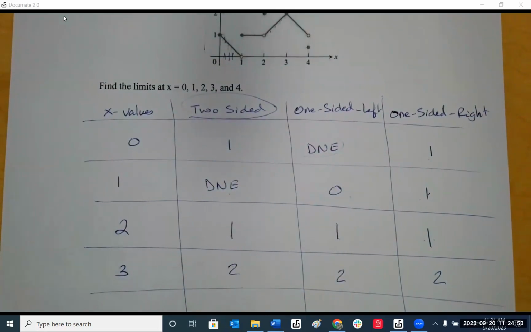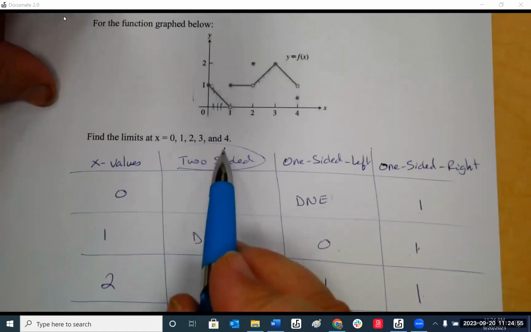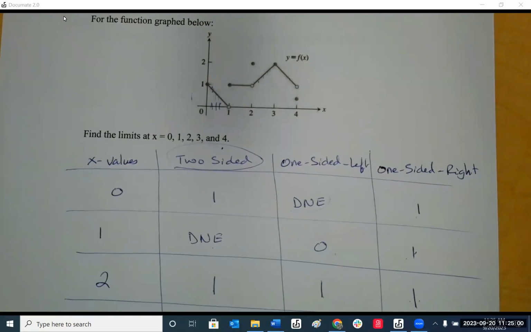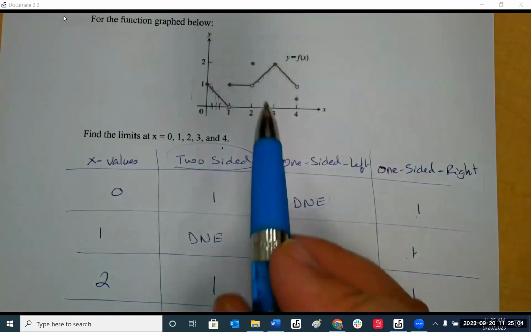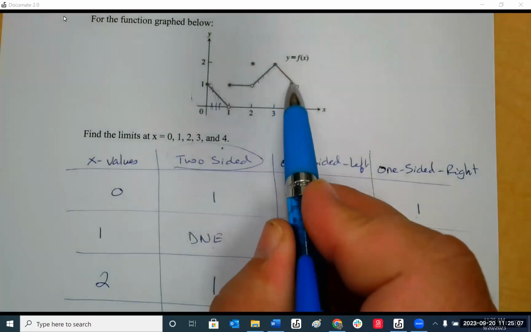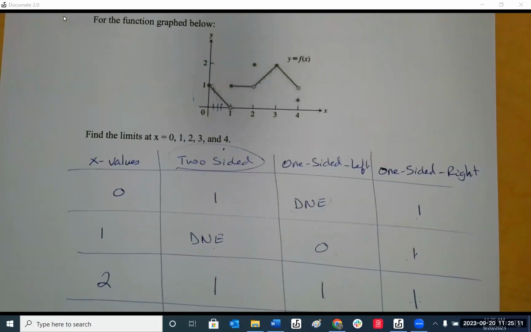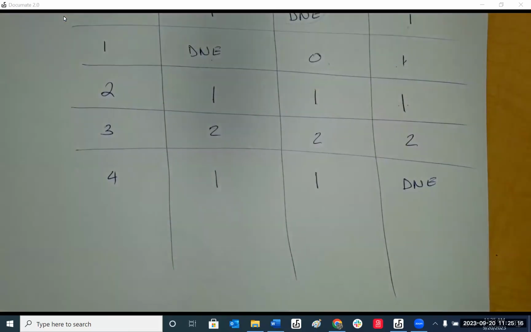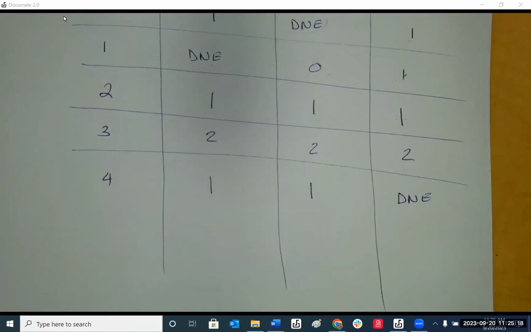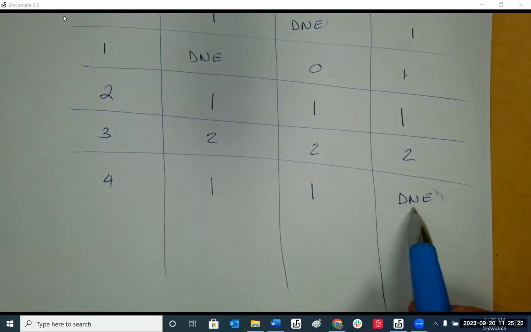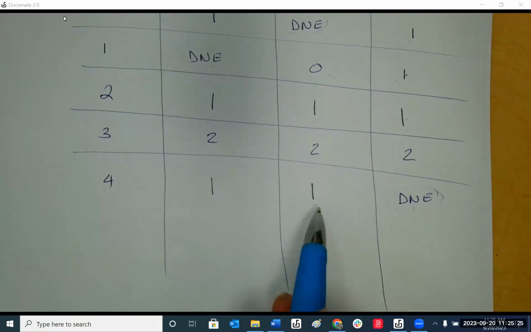And at 4, the last one we're looking at, what's happening here? It's one-sided, right? So coming from the left side, what's it approaching? Very good. As long as it's not defined, there's nothing there.